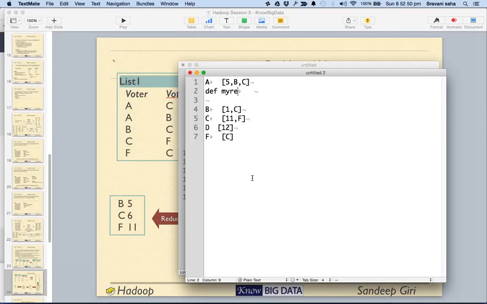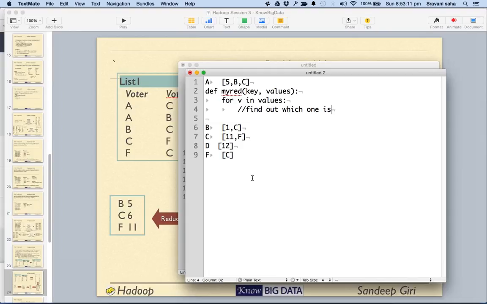The definition of my reducer is key and array of values, and all your reducer needs to do is go through the values, for value v in values, and first find out which one is the number.